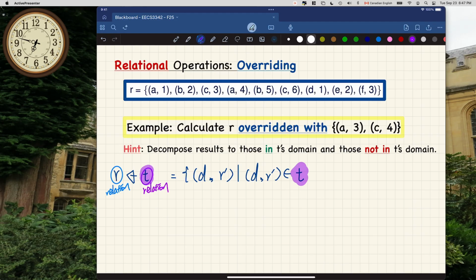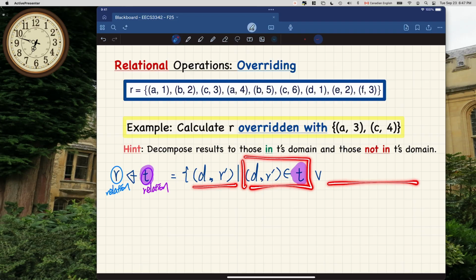Then we're going to put some disjunction here. Disjunction simply means I'm going to include D and R prime either because this condition is satisfied or this condition is satisfied. Let's see the second condition. I can keep all the pairs in R only if the domain value is not in the domain of T. Let's write it down.